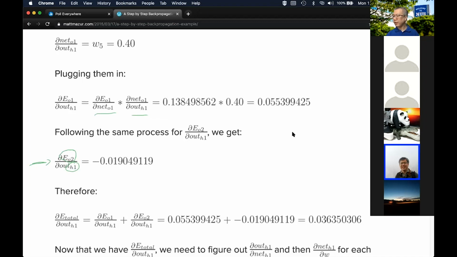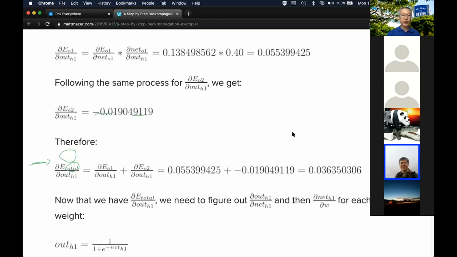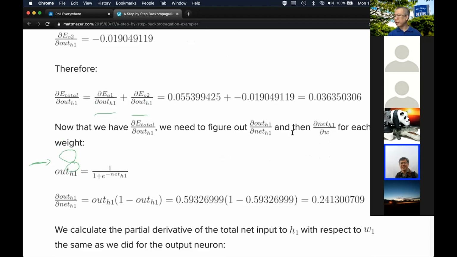Okay. So then what we want to do is finally get the amount that we have aggregated for both parts. So that's what it says here. We have the losses for both EO1 and EO2, again, with respect to the same guy, our H1, our aggregation of the signal. And that is, of course, the same as having our E total, because E total is the sum of these two guys put together.